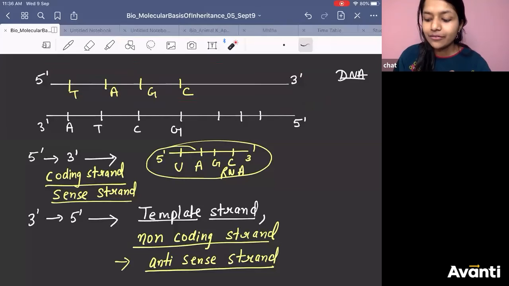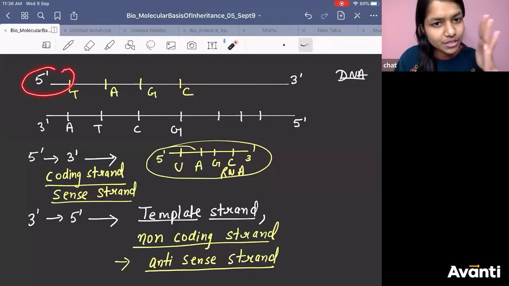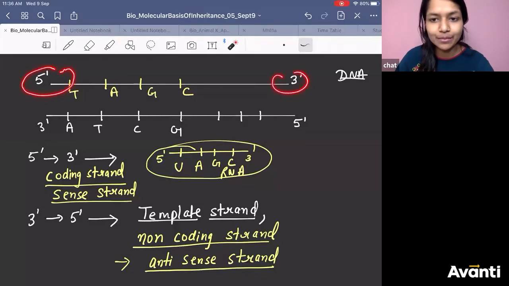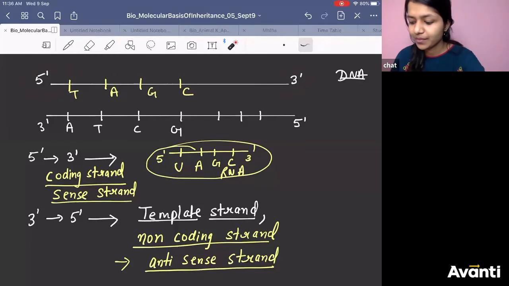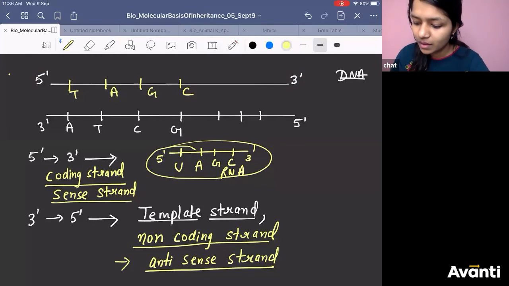Now, the next information: the 5' end is called upstream and the 3' end is called downstream. Okay? Upstream, and 3' is what?